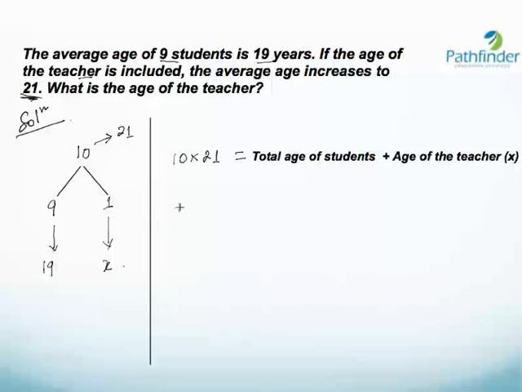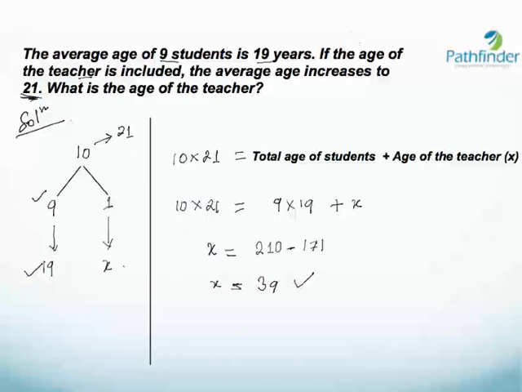So we can write 10 into 21 is equal to the total age of students, which is the number multiplied by the average, so 9 into 19, plus the age of the teacher, which is x. On solving for x, we have the answer as 39, which is the age of the teacher.